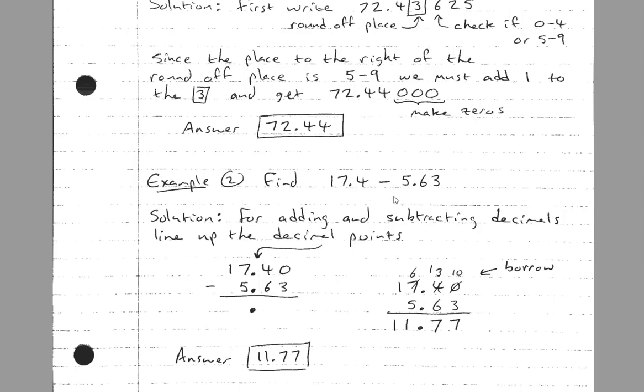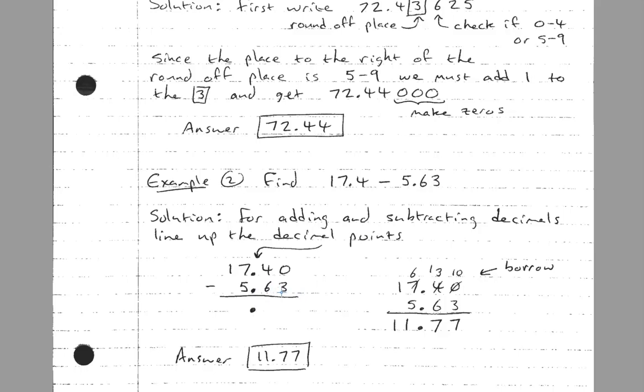How about subtraction? Okay, so for addition and subtraction of decimals, the main thing to do is to line up the decimal point. So 17.4 and 5.63.